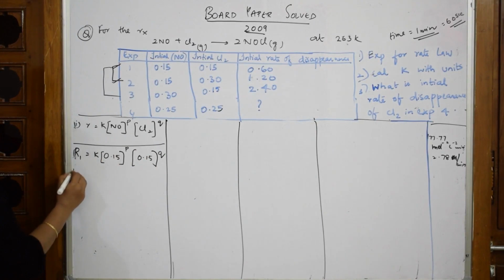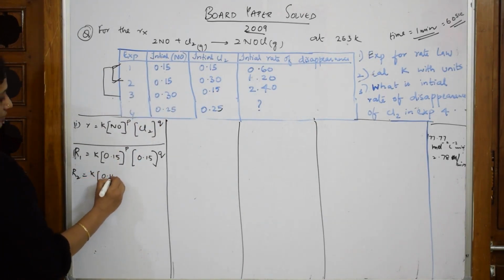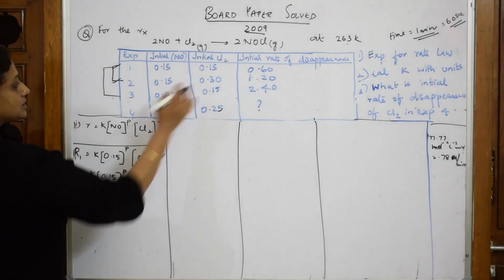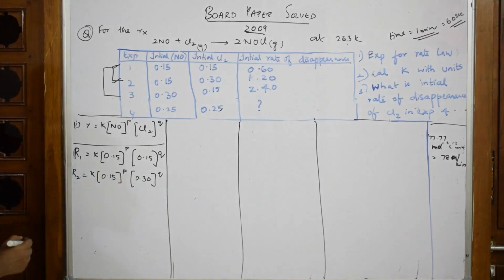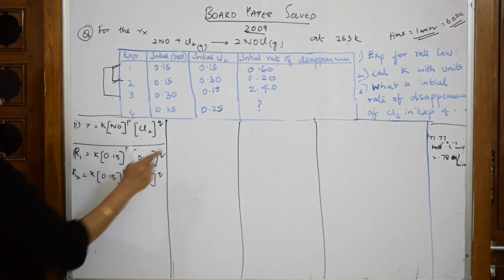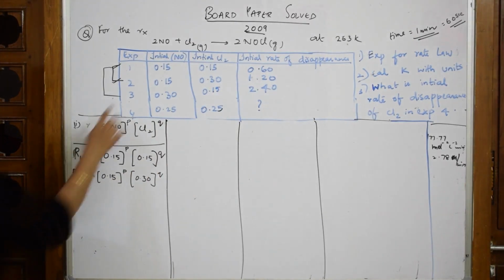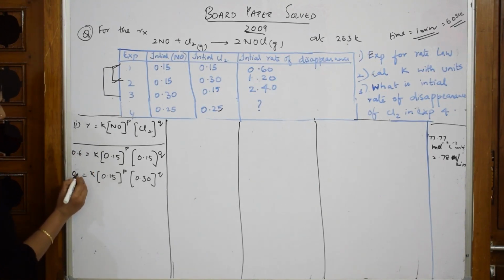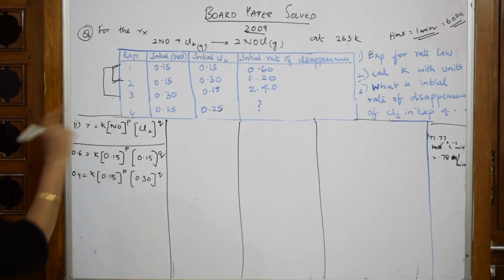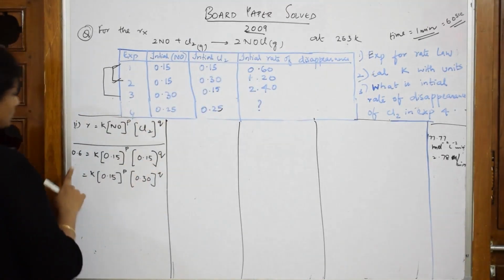Correct? Yes. R2: how much is NO? 0.15 to the power P. How much is Cl2? 0.30 to the power Q. Simple, right? Now, what is this whole thing equal to? Your rate is also there, isn't it? R1 is 0.6 and R2 is 1.20, which is given to you.